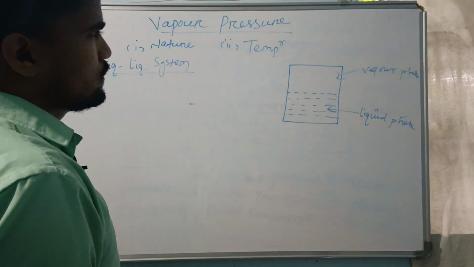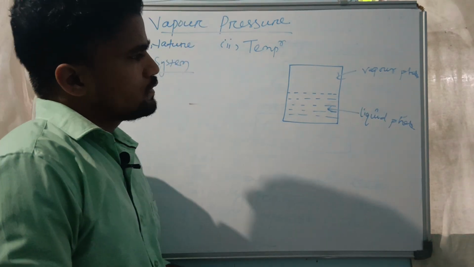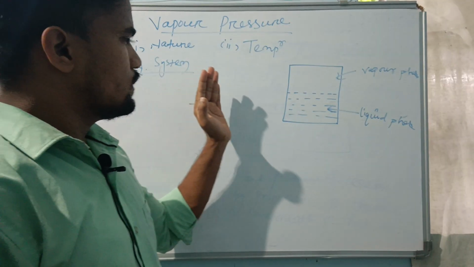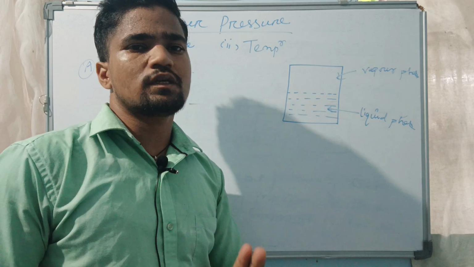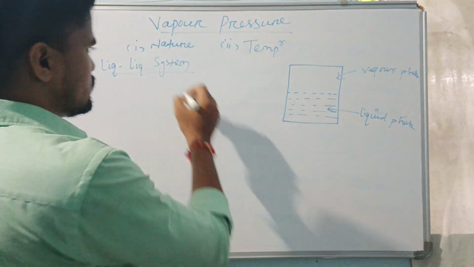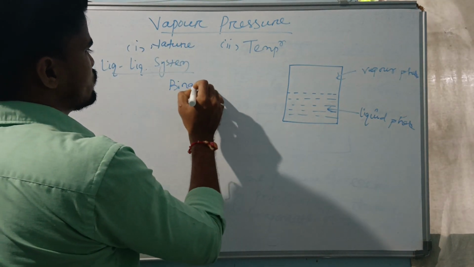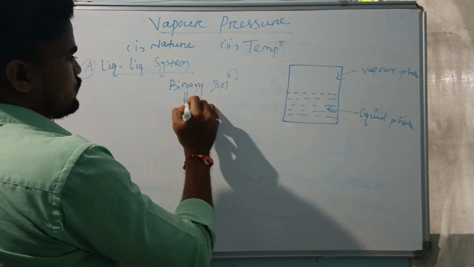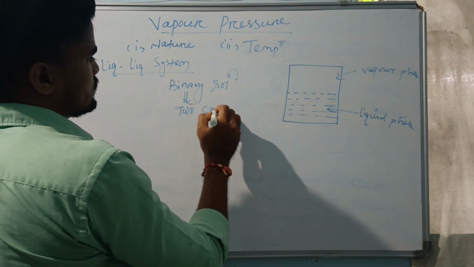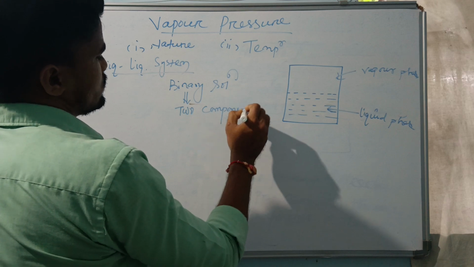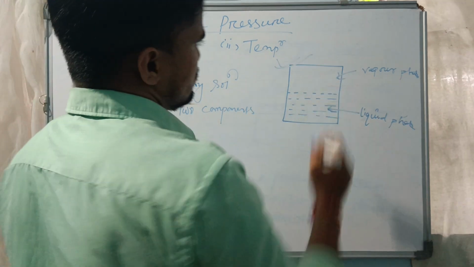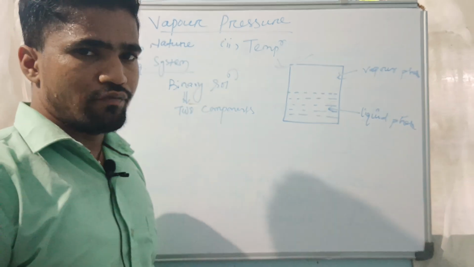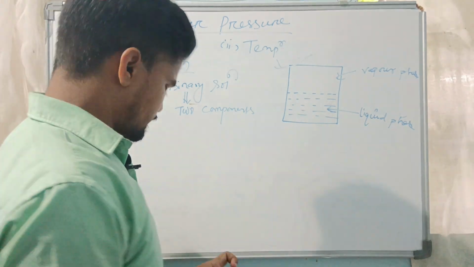So in a solution, two components are present. That is called a binary solution, which has two components. So in this case, two phases are here. One is vapor phase, one is liquid phase, right?